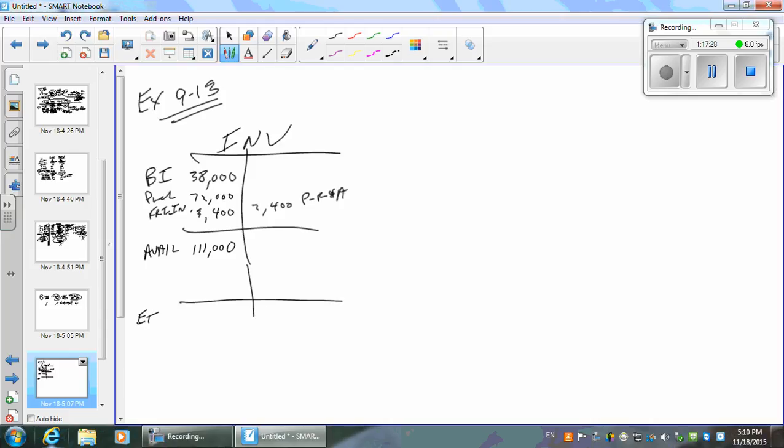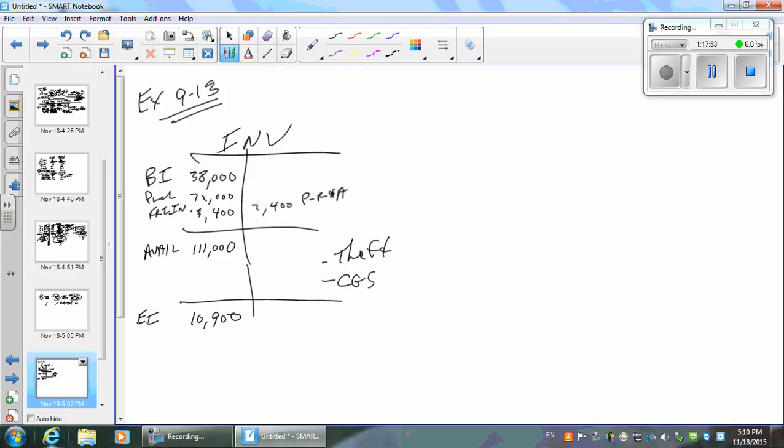Ending inventory is 10,900. So something happened to the difference between 111 and 10,900, right? What are the two things that happened? Theft and cost of goods sold. You got it. If I can calculate the cost of goods sold, I know the theft, right? It's the difference, which is $100,100.